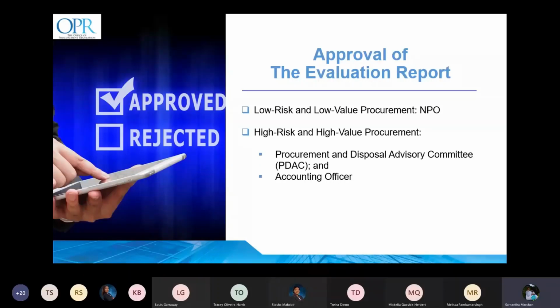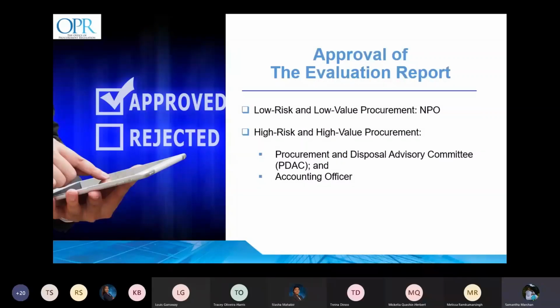However, if based on the review of the evaluation report and procurement proceedings file, the PDAC is of the opinion that there is non-adherence to any of the aforementioned requirements, the PDAC will recommend the appropriate action to the named procurement officer, or NPO, providing a written explanation of the reasons for its decision. A written explanation will also be forwarded to the accounting officer for noting.